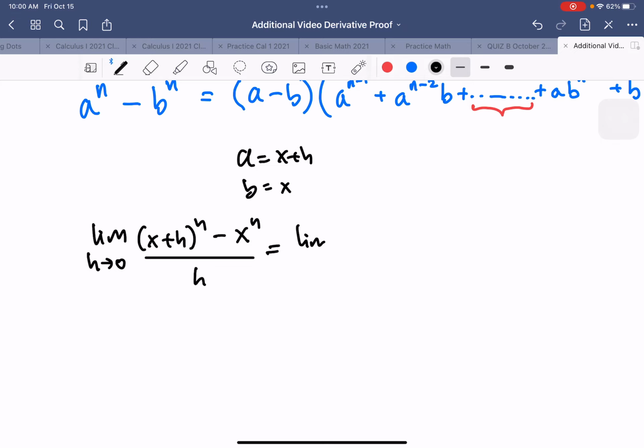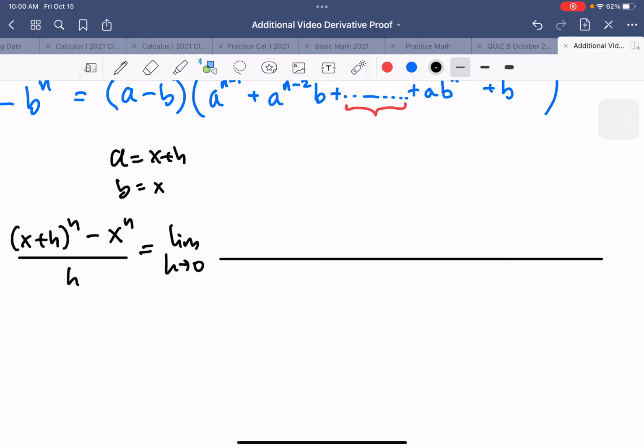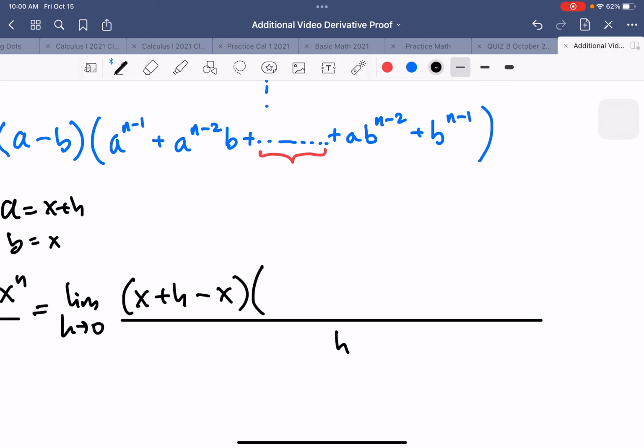This will be the limit as h approaching 0, and we will probably have a long line here. This is divided by h, and this will be x plus h minus x, based on a minus b there. And then we will have x plus h to the n minus 1, plus x plus h to the n minus 2, and then x.